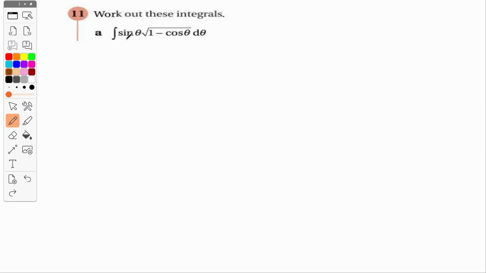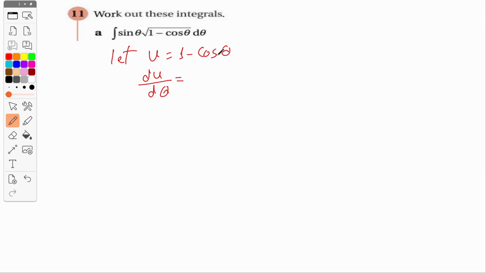Here, the integral of sine theta square root of 1 minus cosine theta d theta. We need to integrate this one. Now, we say let u equal this quantity, 1 minus cosine theta. Let's differentiate, du d theta. We differentiate u here in terms of theta.